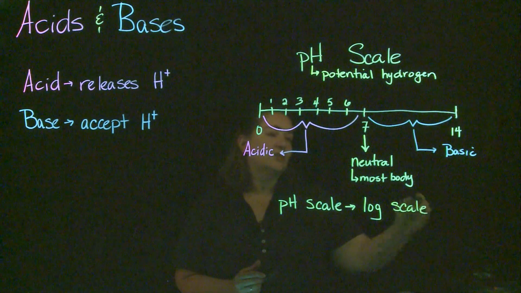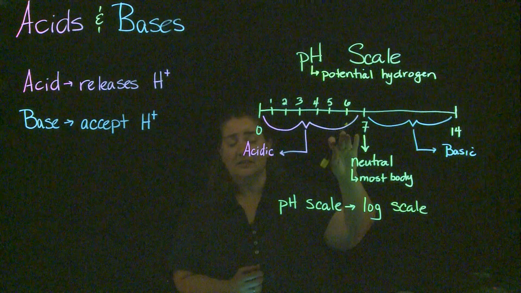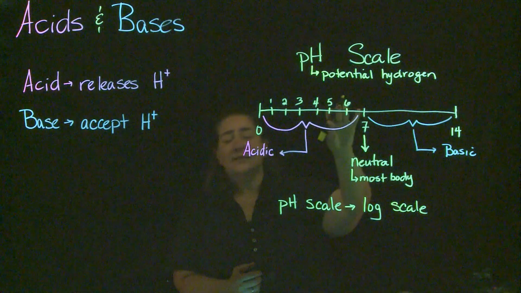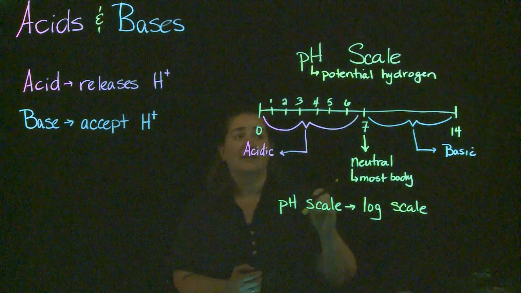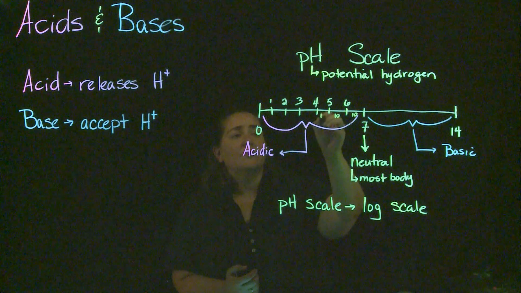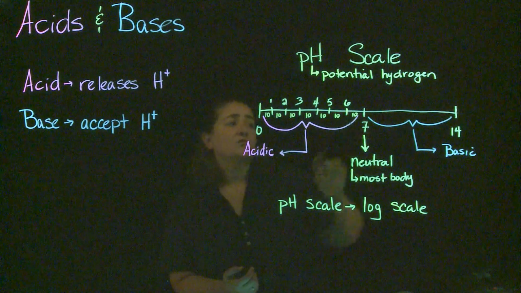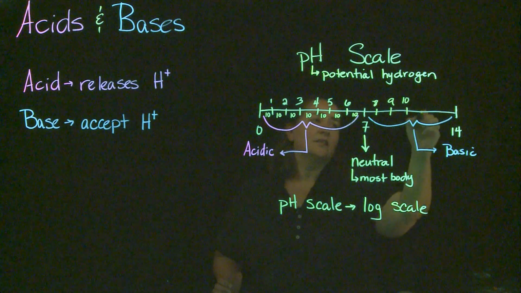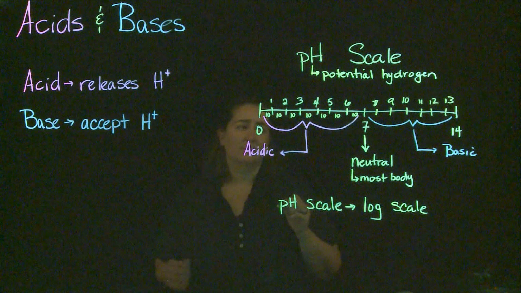So you don't just have one times as much acidity. 7 to 6 would be 10-fold. 7 to 5, 10 times 10, you've got 100-fold more acidic environment, okay? And you can keep going, okay? Each of those intervals you can think of as a power of 10, okay? And that's true also on the basic side. 8, 9, 10, 11, 12, 13, okay?